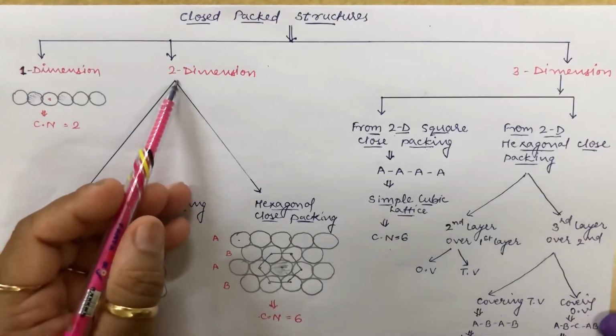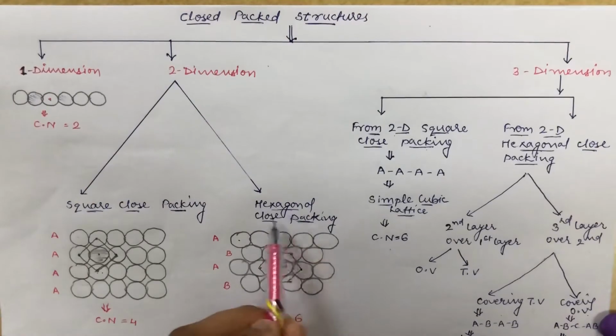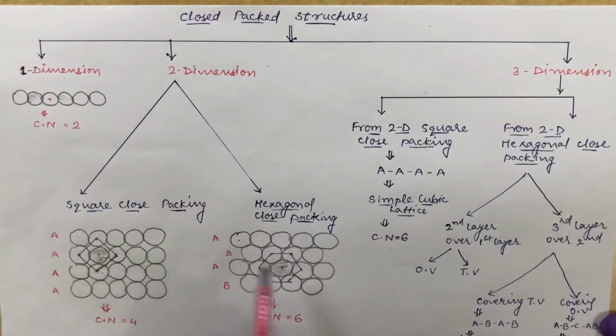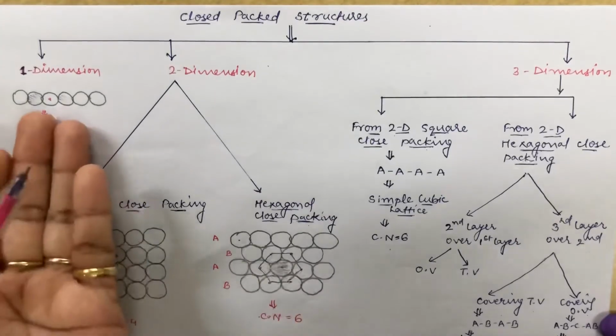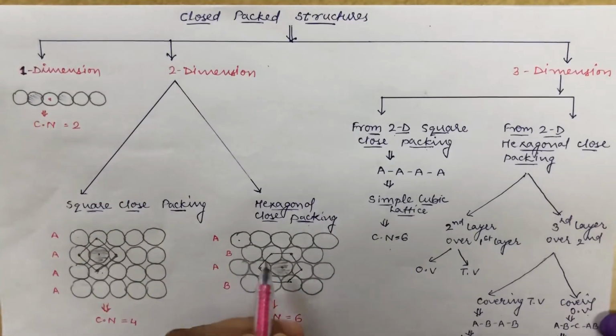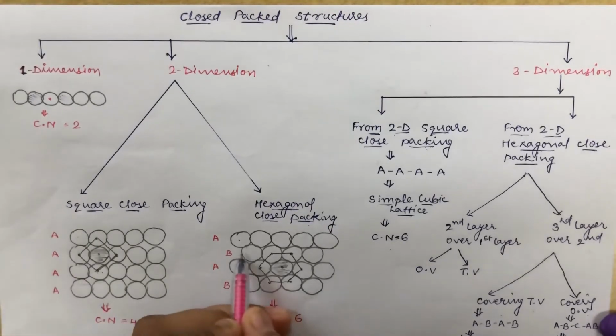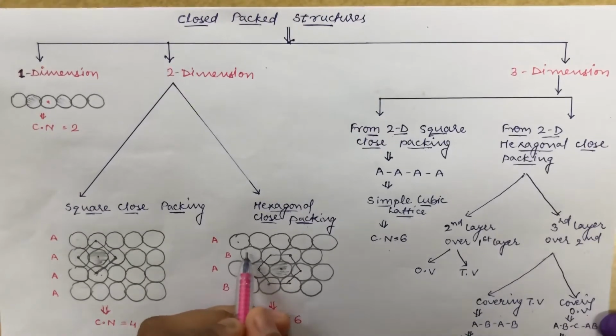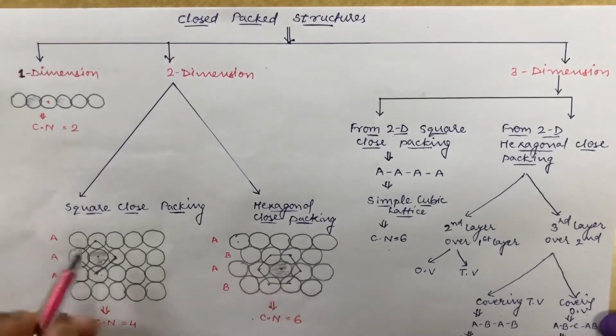The other possibility of 2 dimension is hexagonal close packing, where I will take the row A which is arranged as in 1 dimension. Now the same row, if I am planning to arrange in 2 dimension, then I arrange it by placing it in an offsetting manner, putting the spheres in the depressions, not exactly one over the other like this, but in the depressions.